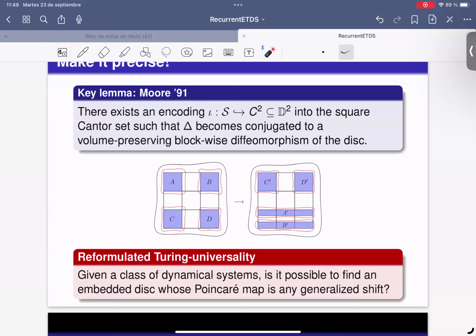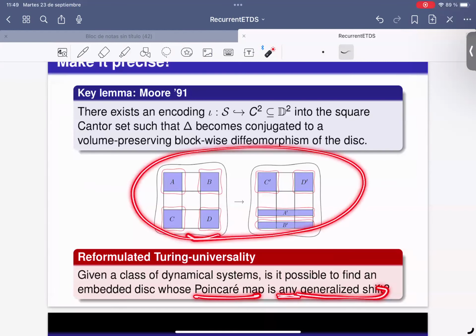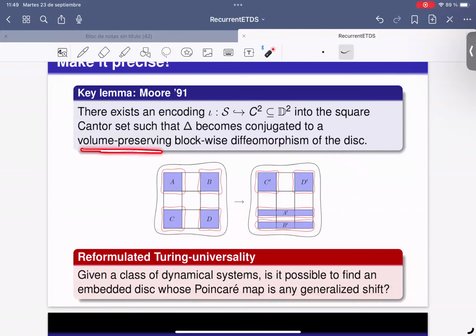Given a class of dynamical systems, is it possible to find an embedded disk that is a Poincare section and such that the Poincare map is any generalized shift, any volume preserving block-wise diffeomorphism of the disk?